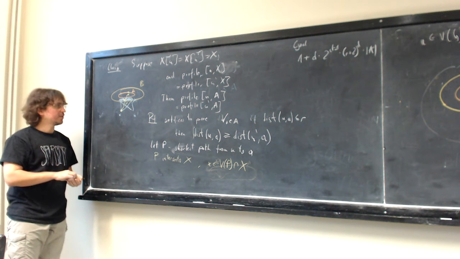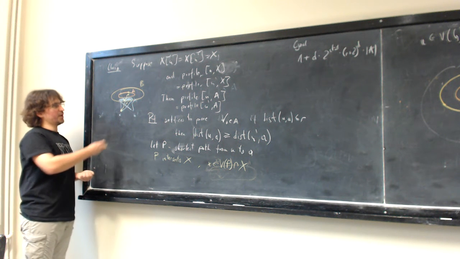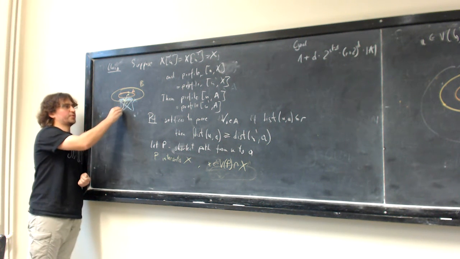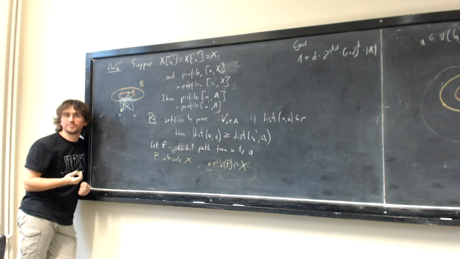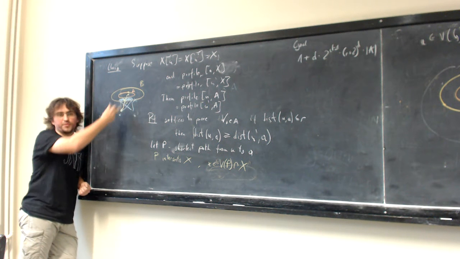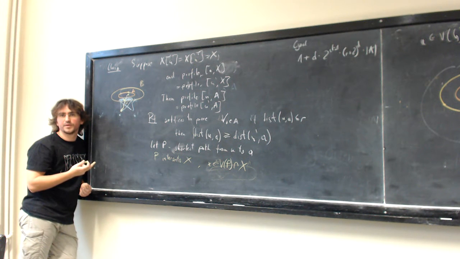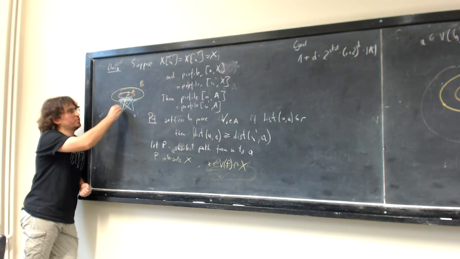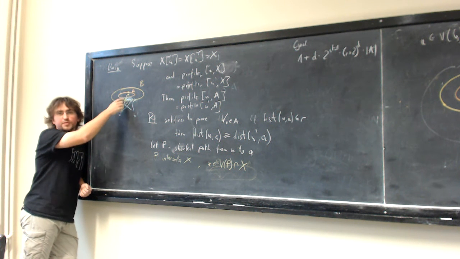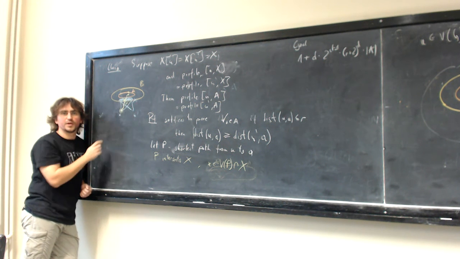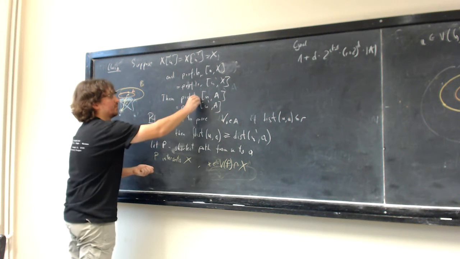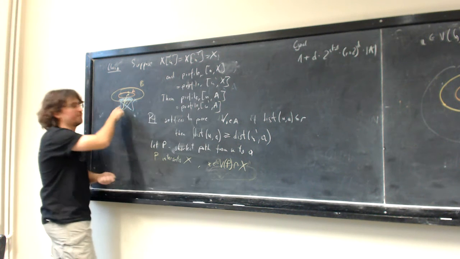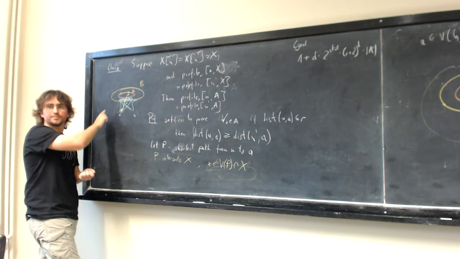So what I now know, this prefix of my path from U to X is a path of length at most R. Yes, because it is a prefix of a path of length at most R. Yes? So the distance between U and X is at most the length of this prefix. Yes? But these two guys had the same profile on X. Yes?